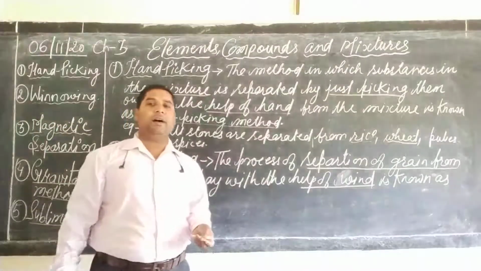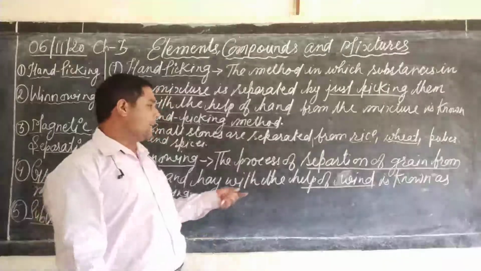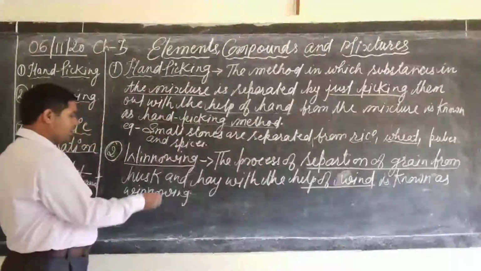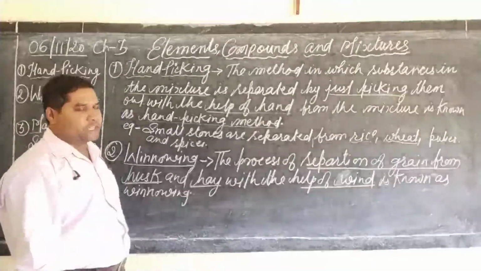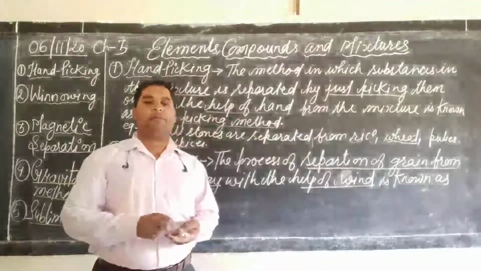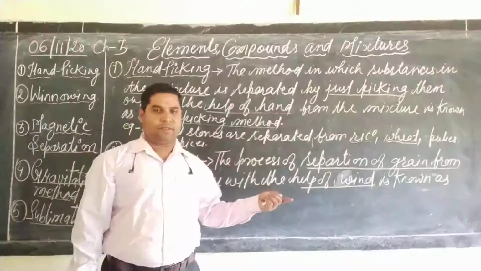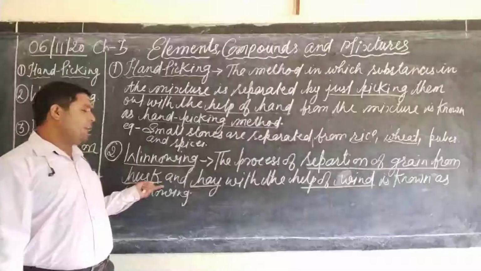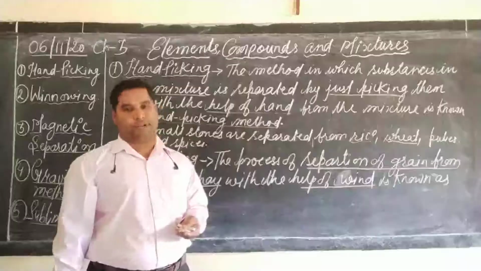It is one of the traditional methods to separate the grain from the husk and hay. So dear student, winnowing is one of the traditional methods to separate grain from hay and husk by the pressure of the wind.